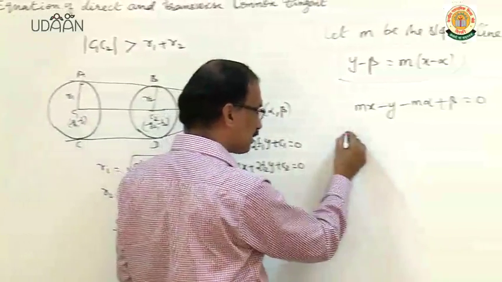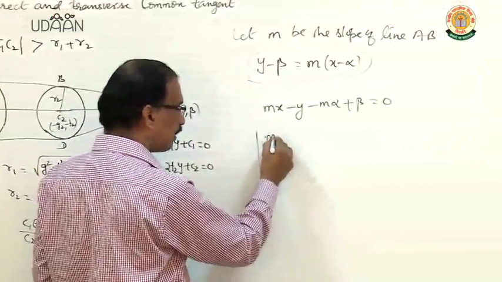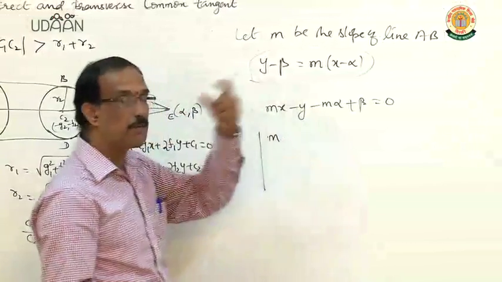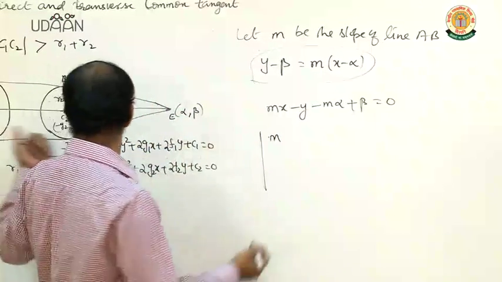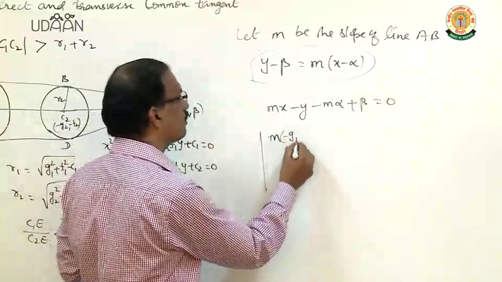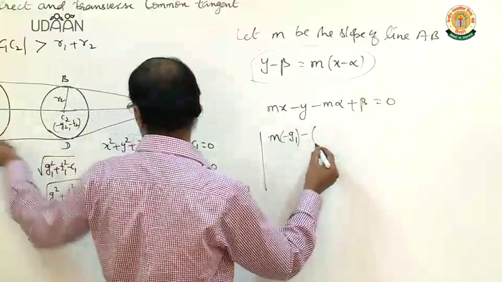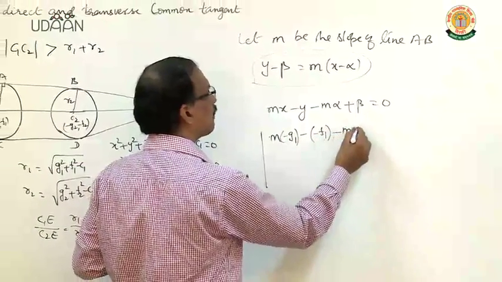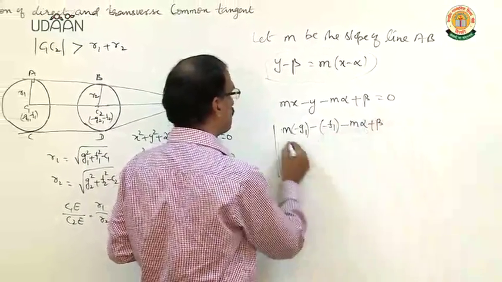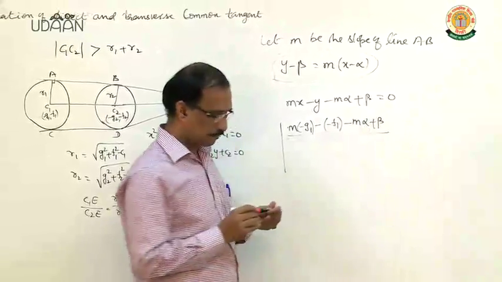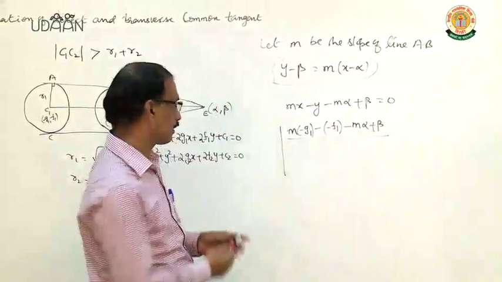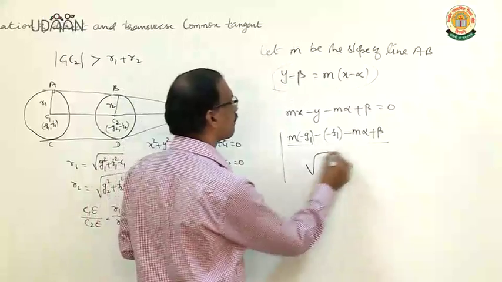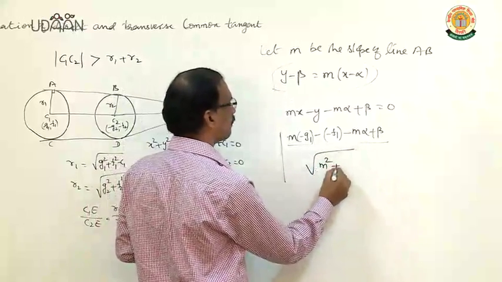Therefore, this gives the distance of a line from a point: m into minus g1, minus of another point is minus f1, minus m alpha plus beta, divided by root of m square plus 1.